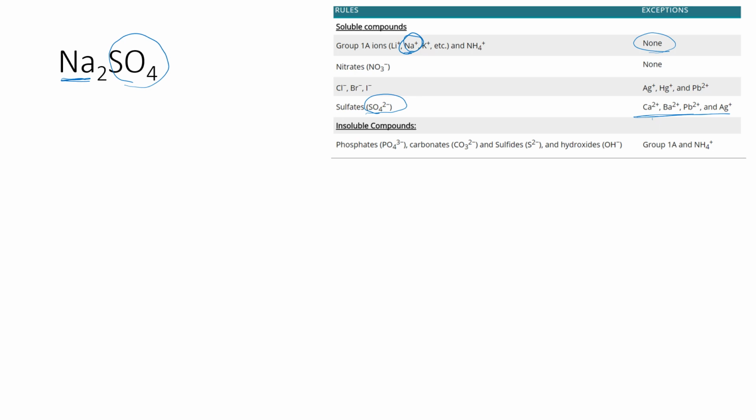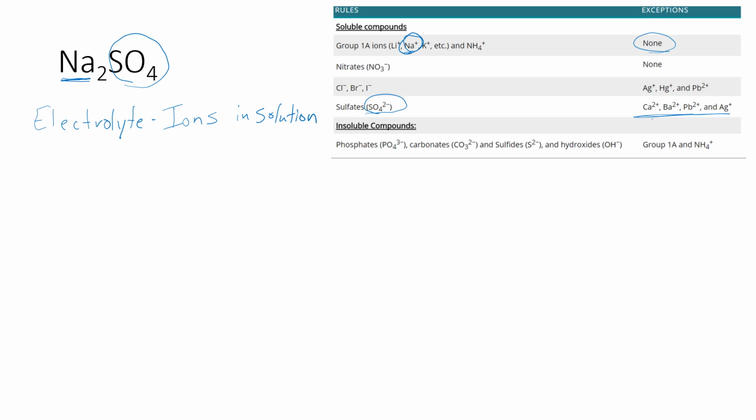So we do know that this is an electrolyte. Okay, we know that it is going to conduct electricity because there are ions present in the solution. So we know it's an electrolyte.